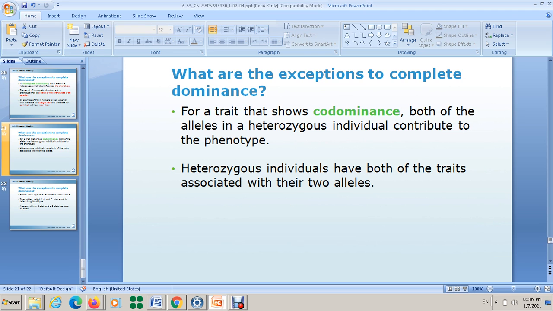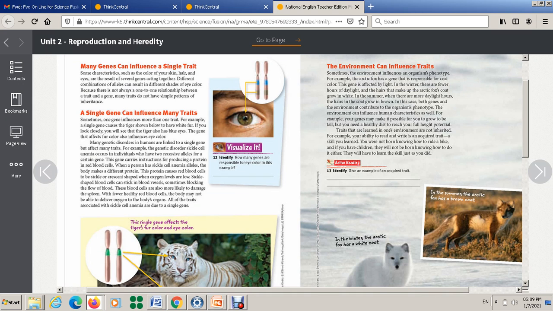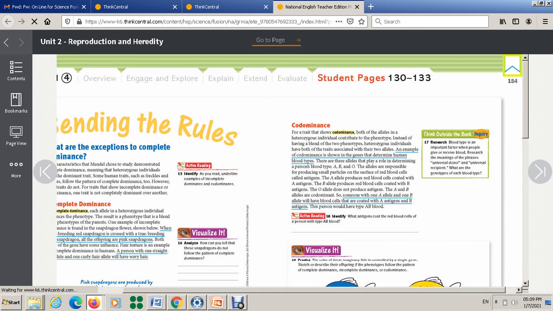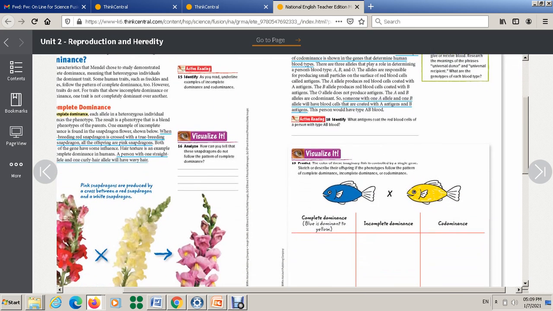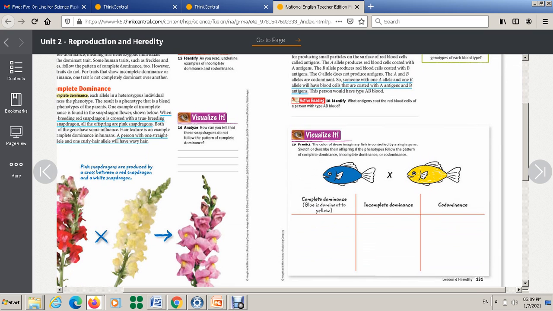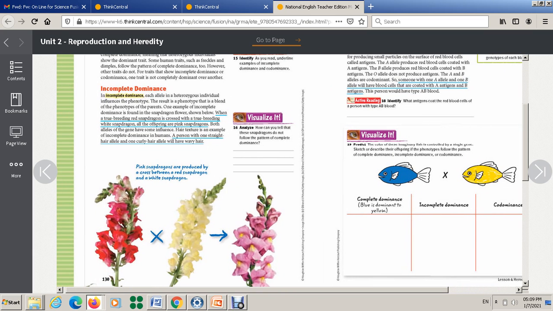I'll give you another example, which is mentioned in your book on page 130. As you see here in the figure, pink snapdragons are produced by a cross between red snapdragons and white snapdragons.